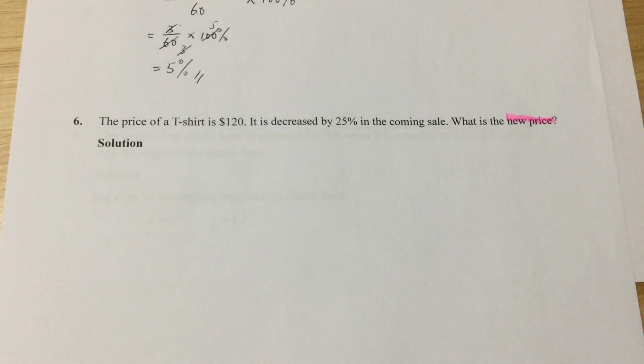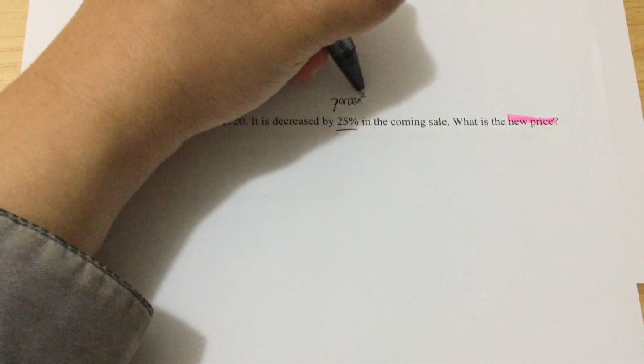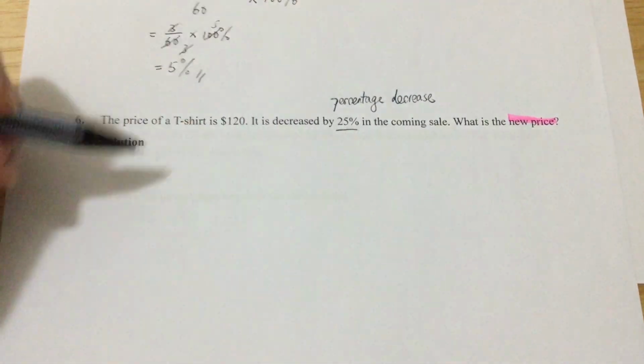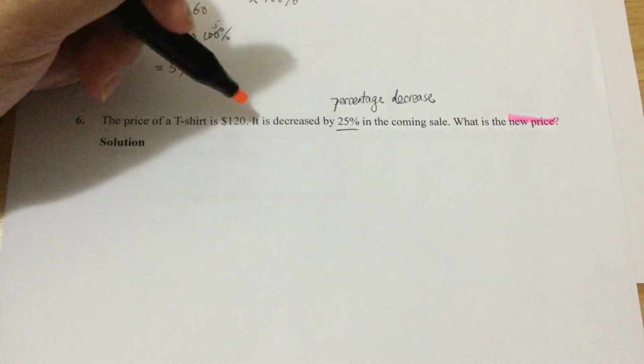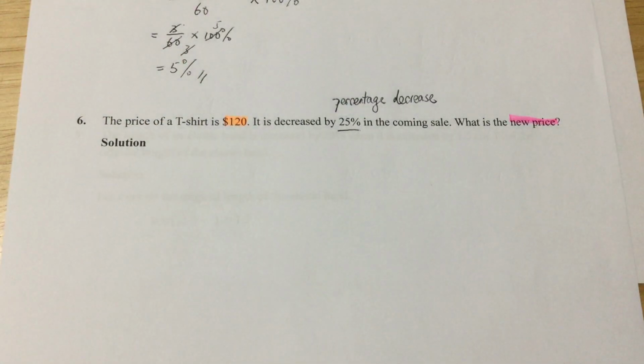That means we must use 1 plus or 1 minus. This is the percentage decrease, so we will minus it. The 120 is the original one, so this is the original value.